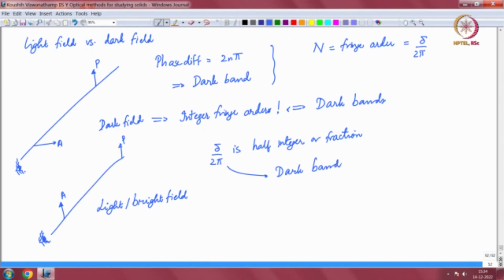So, ideally if everything is in phase, A will allow everything in phase, so you will see a white or a bright image. But if it is exactly out of phase, which means it is pi, 3 pi, 5 pi etc. out of phase, then you will see a dark band. So that delta by 2 pi, the n that we have here, corresponds to a fraction. People will refer to this as fractional fringe order.